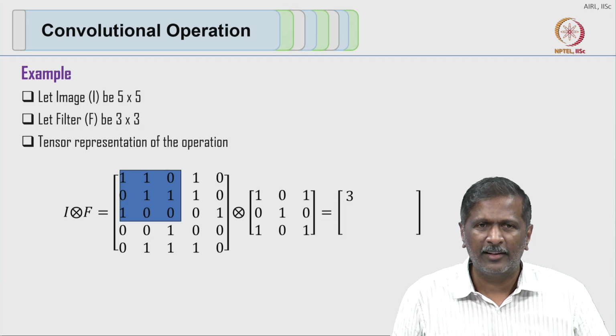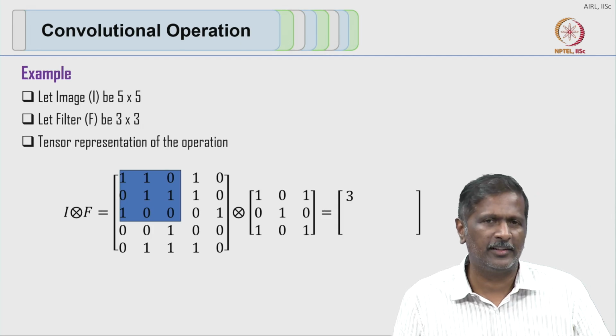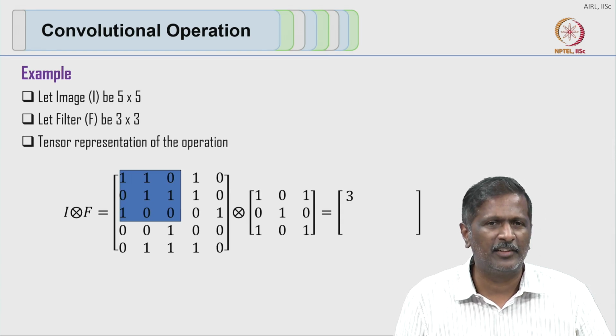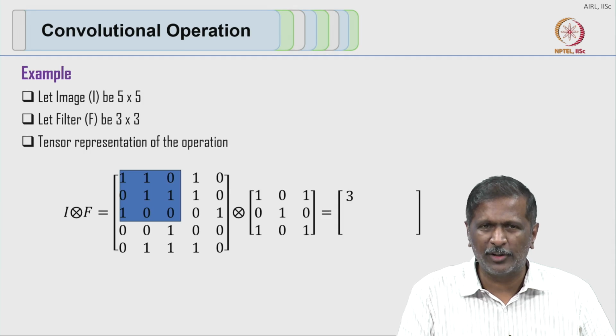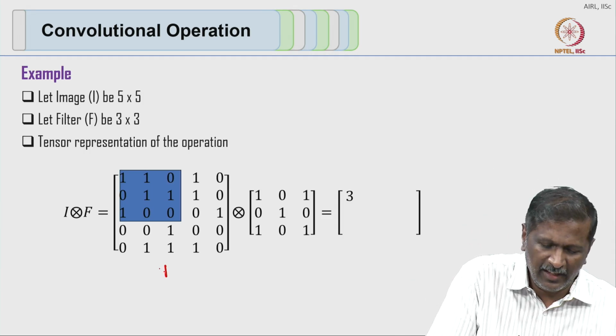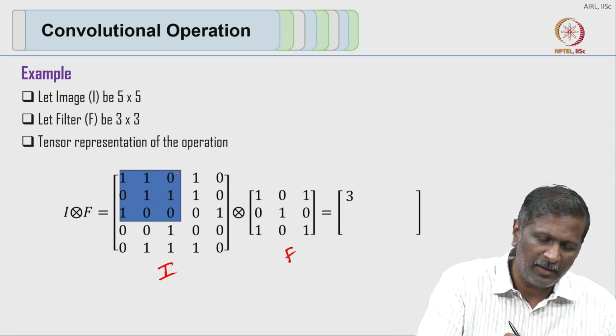I need to pick a patch. The patch size should be equal to the filter size. So there is a 3 cross 3 patch highlighted with blue color. I am going to take a convolution of that image patch with the filter. This is I, this is the filter, and this is my patch.